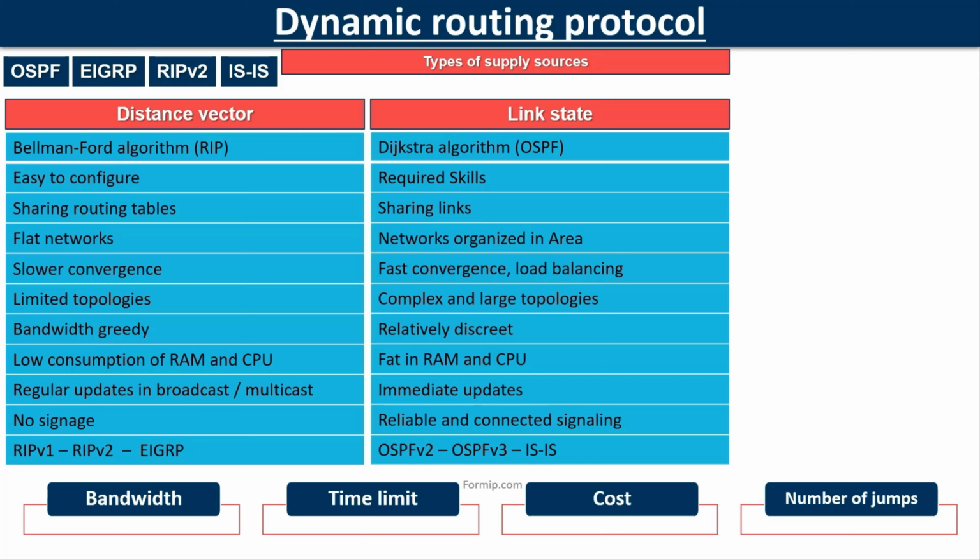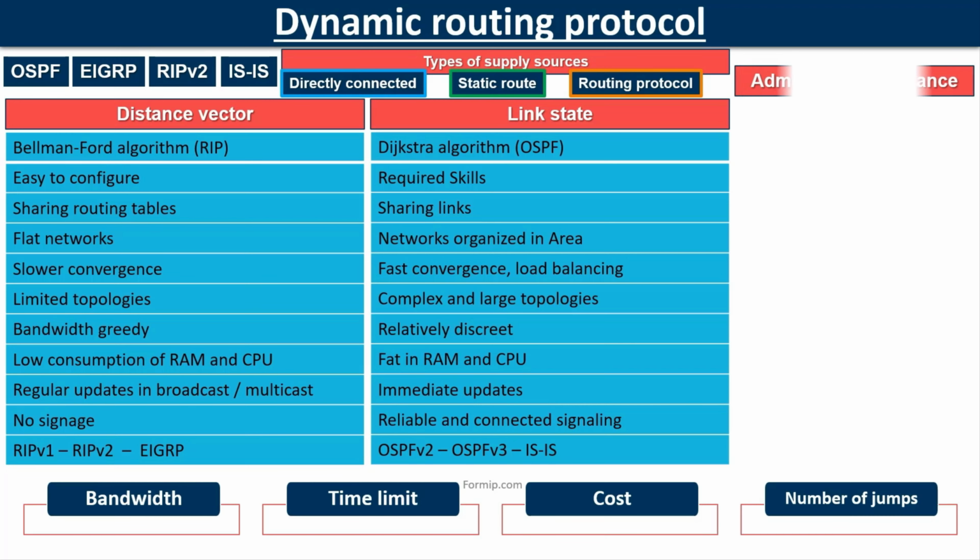Routing tables can be filled from three types of sources: directly connected networks, static routes, and routing protocols. The router must be able to evaluate routing information from all sources and select the best route to complete its own routing table. For this, it uses a function called administrative distance.